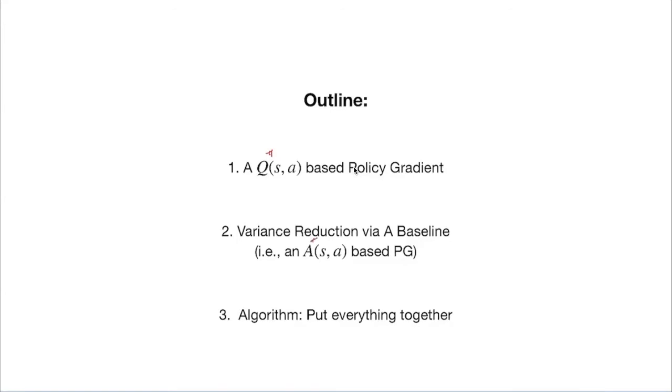This is A pi. Just to remind you, advantage is the difference between Q and V, the advantage of deviating from pi for one step. And the last bullet point, we're just going to put everything together and show a pseudocode framework.